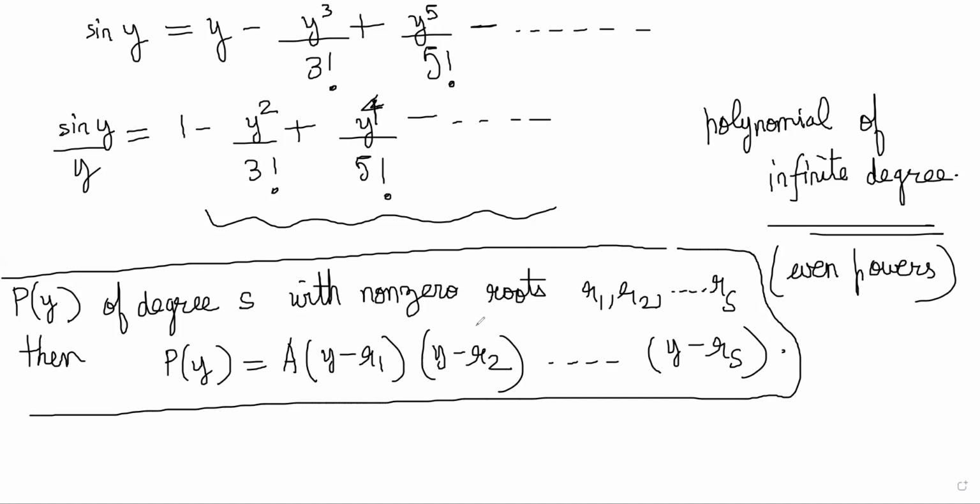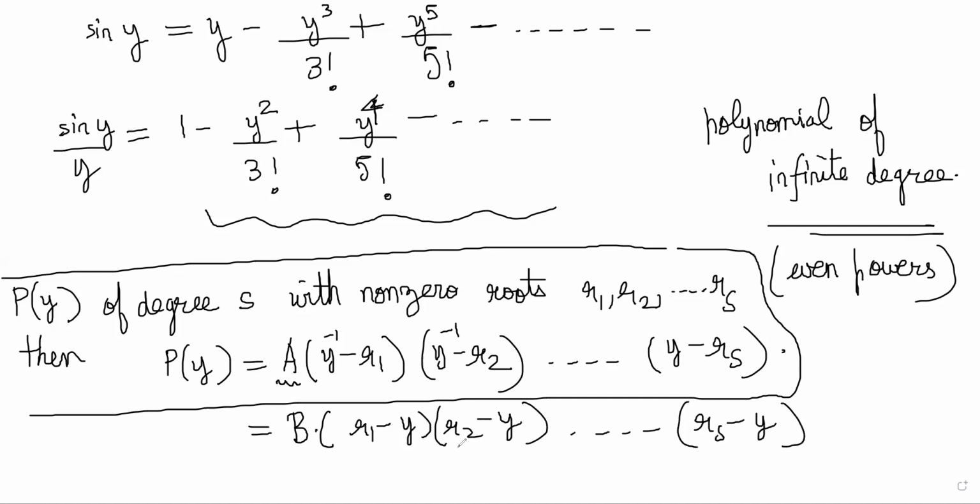Great. If it is written like this, we could take -1 common from each of these factors and multiply it with the outside constant a. Basically, it could come -1 or +1. Here a was a constant, so we can now call it b and write it as r1 minus y, r2 minus y, and so on till rs minus y. So we are writing p(y) as b times this.